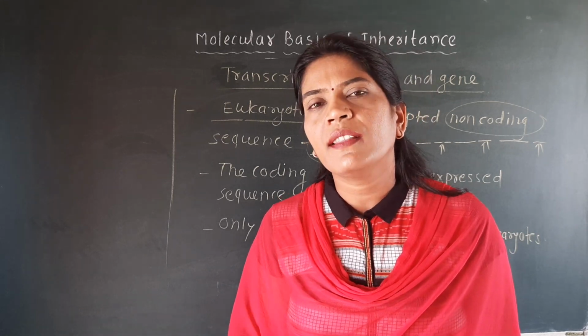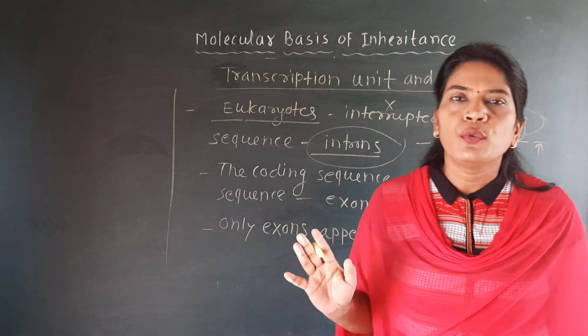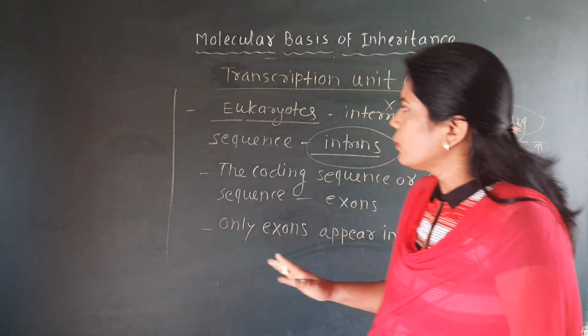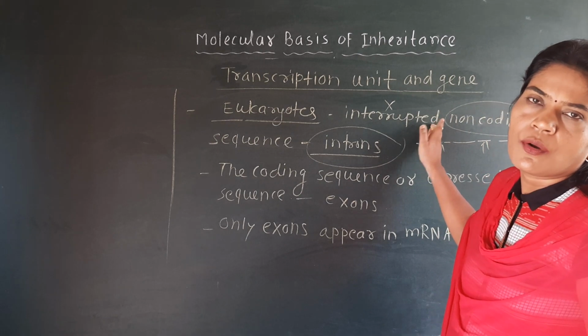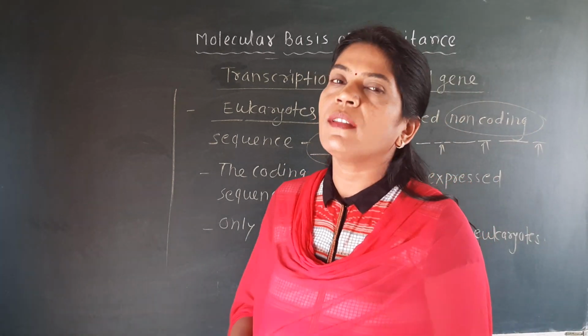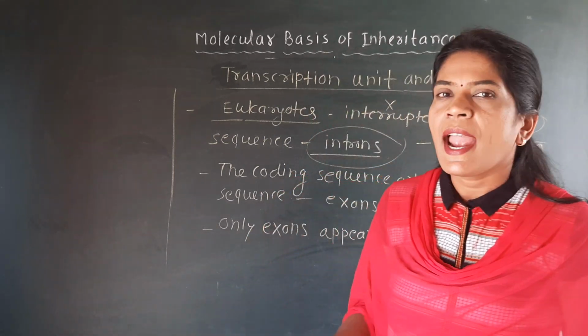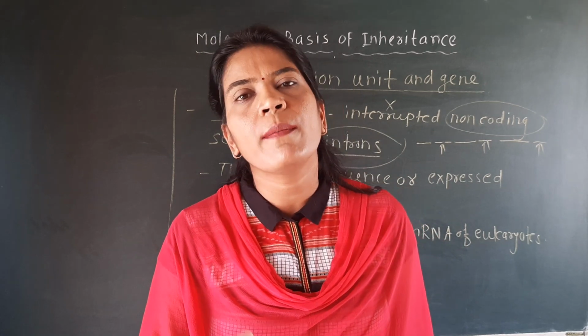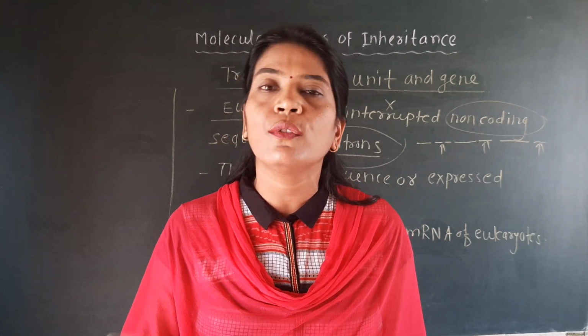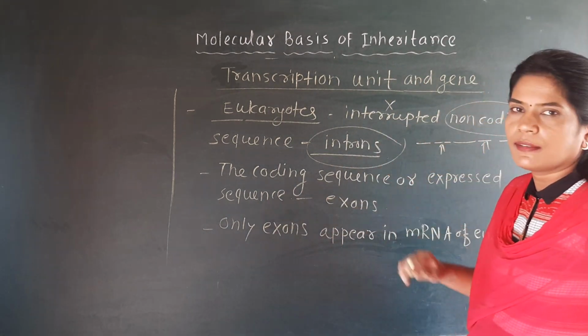And we have just seen that it is not present in prokaryotes, so it is not required to remove it there. So it is a non-required part of the mRNA, and that we call an intron, because it is non-coding. It is not useful for the synthesis of protein. The opposite is coding. Coding means responsible for protein synthesis. Non-coding is not responsible for protein synthesis. That is called an intron.